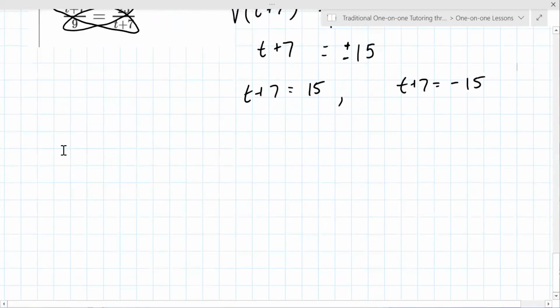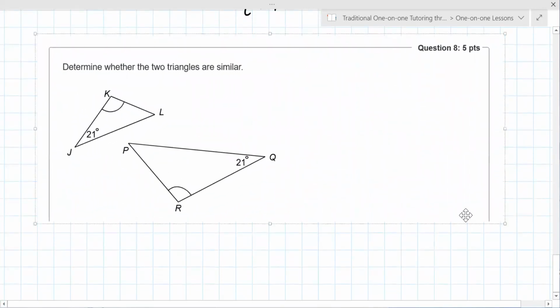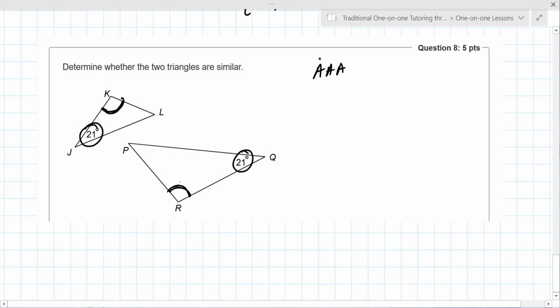All right, so for the next problem here, they're asking if the triangles are similar. For similar triangles, what you'd really like is all three angles to be the same. That would be really ideal. So notice this angle right here is the same as this angle right here. 21 is the same as 21, so we've got two of them.